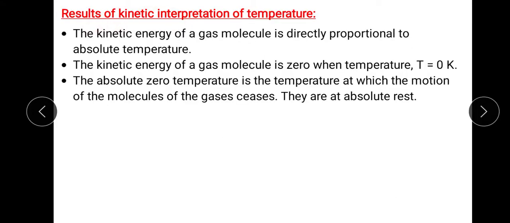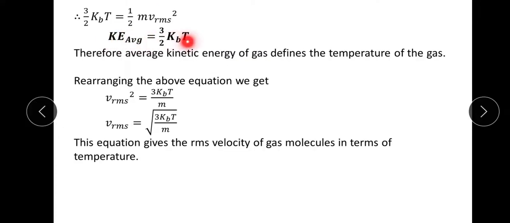Next, importantly, the results of kinetic interpretation of the temperature. So what are the important results? Firstly, the kinetic energy of a gas molecule is directly proportional to the absolute temperature. I already told you that by this equation, kinetic energy of the gas molecules is equal to 3 by 2 kT.